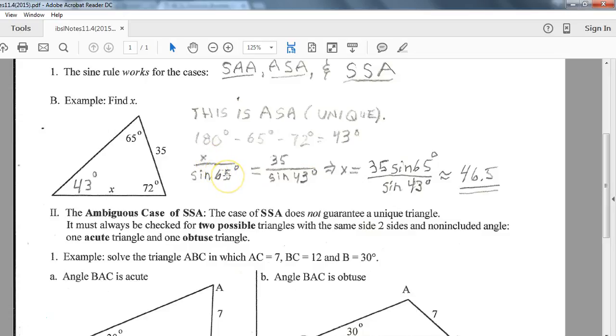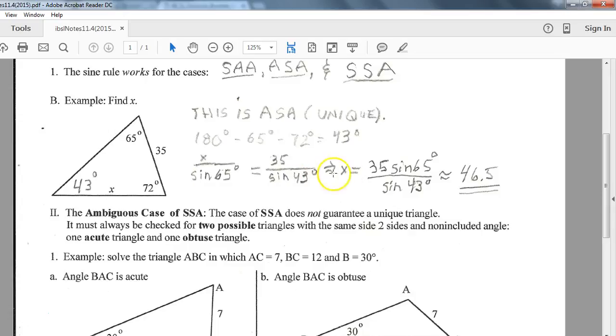So here's the angle that we do know. This is the missing side across from it. And so that's how we set this thing up. And from here, it's just cross multiplying. So I'm doing x times this would equal 35 sine 65. And then if I want to get x by itself, I would just be dividing that back over. So cross multiplying is a pretty easy way of looking at this.